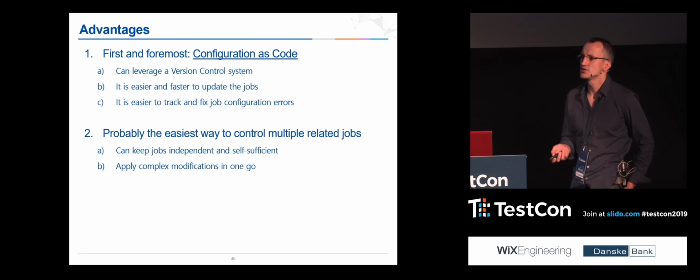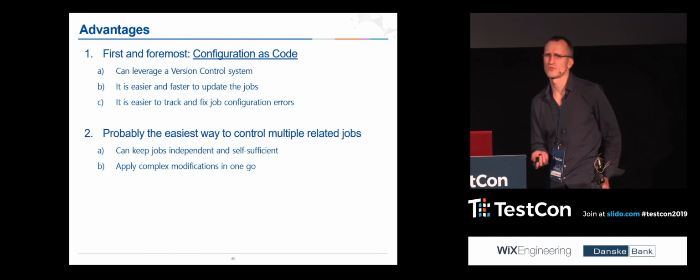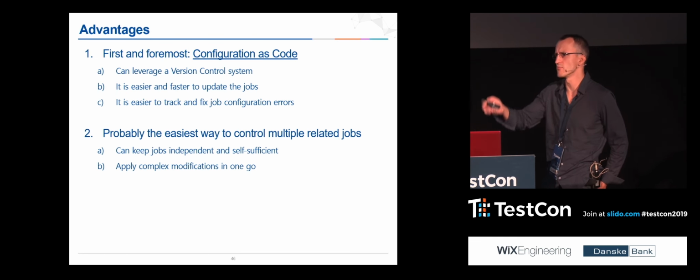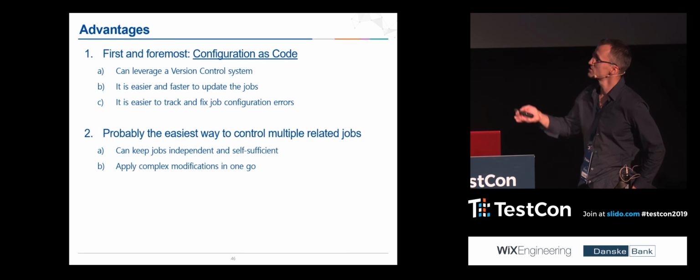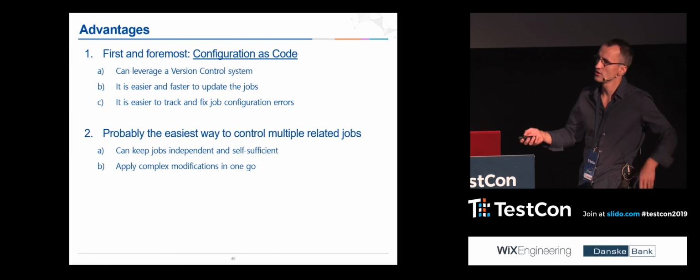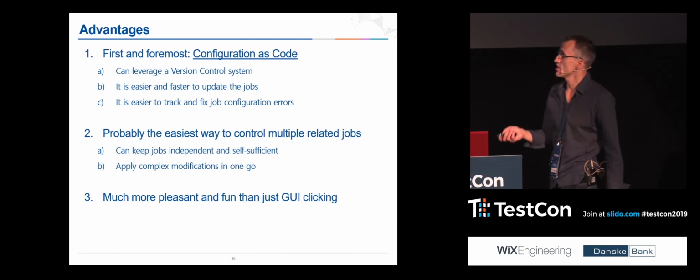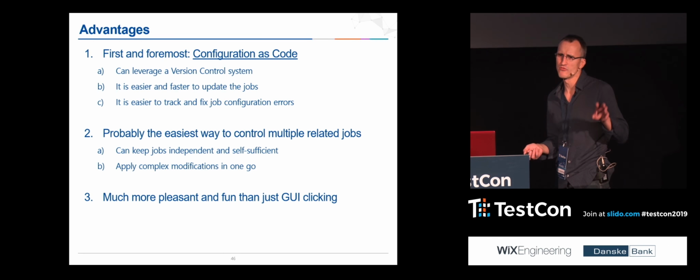And probably it's the easiest way to control multiple related jobs. As I showed you, if there is some multi-job that controls other jobs, you can easily assemble it together, right?